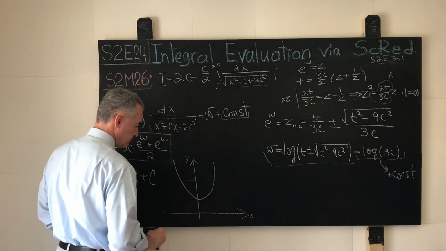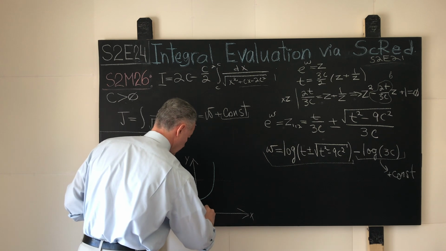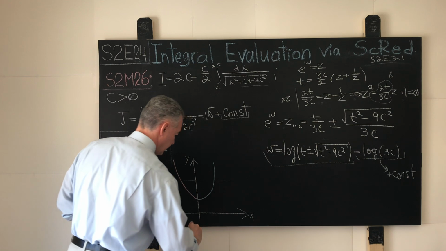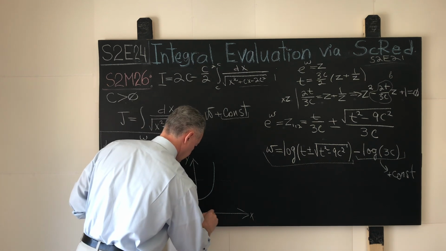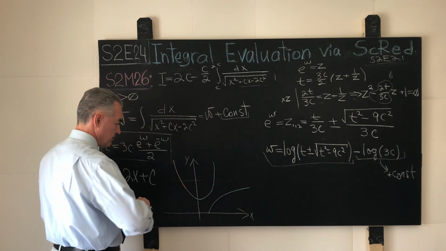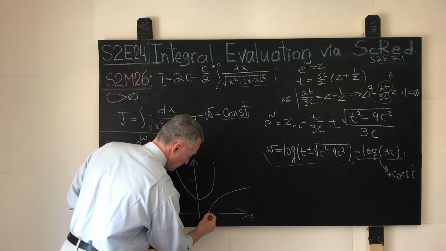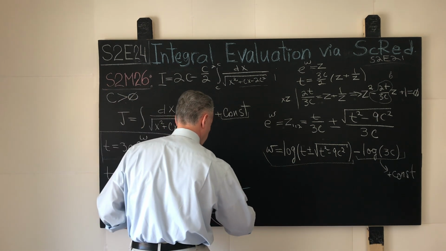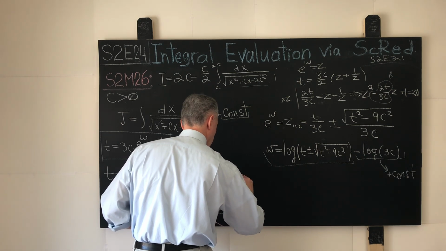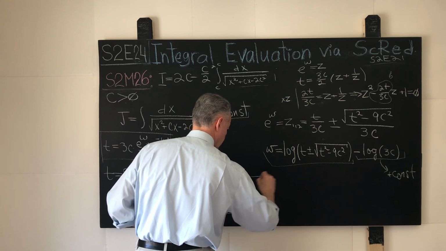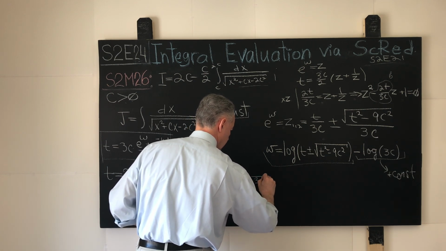Well, it will run apparently this way. And the other branch, this guy, will run this way. So here I'll write it down for you guys over here. This will be the logarithm of t plus square root of t squared minus 9c squared.